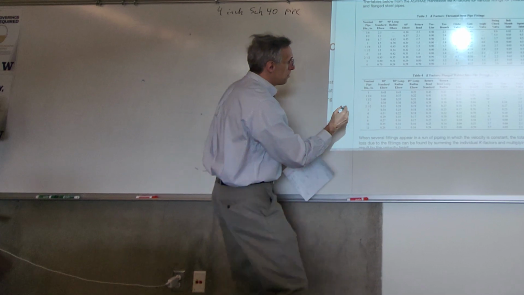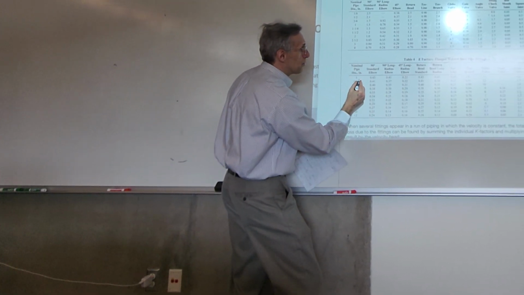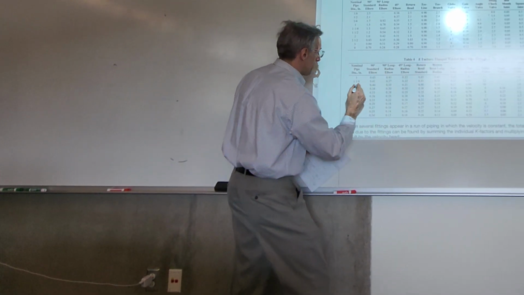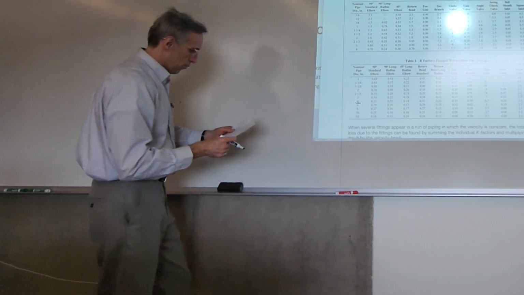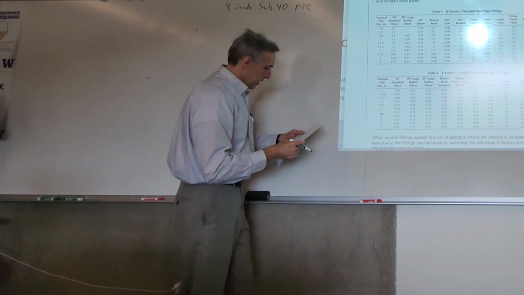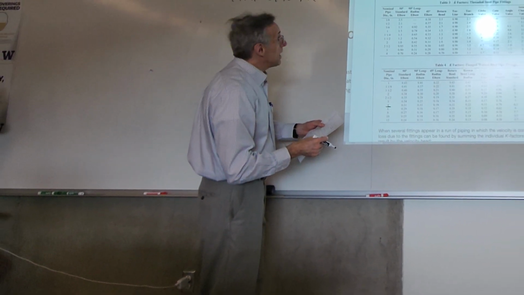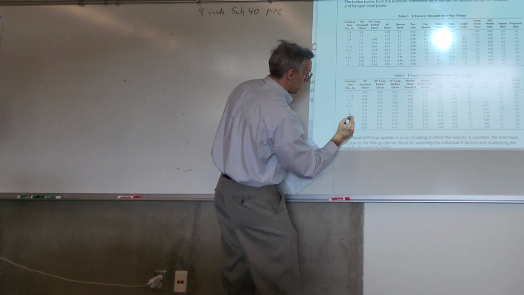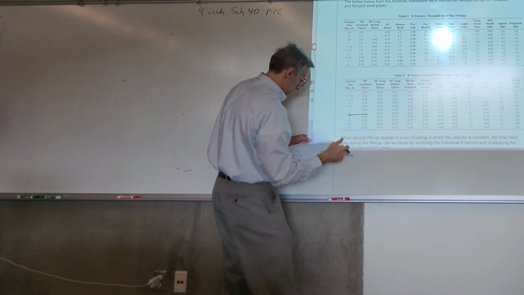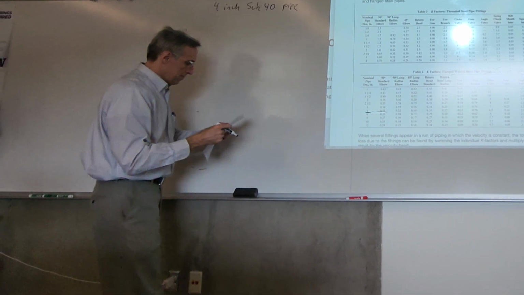So for a 4-inch nominal pipe diameter, flanged welded fittings, we're on this line here, 4-inch. So for our right angle elbows, 0.31.